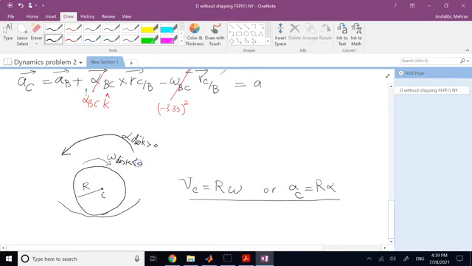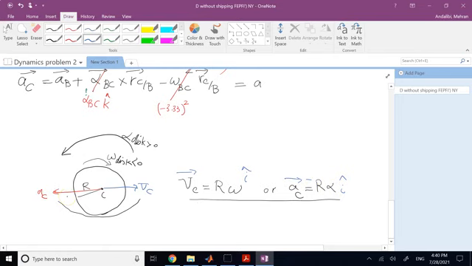Fine. If that's the case, then A of the C is going to be R alpha, but it is going to be to the left. But V of C is going to be to the right. So V of C is going to be R omega times I, but A of C is going to be negative R alpha times I, because it's in the left side.